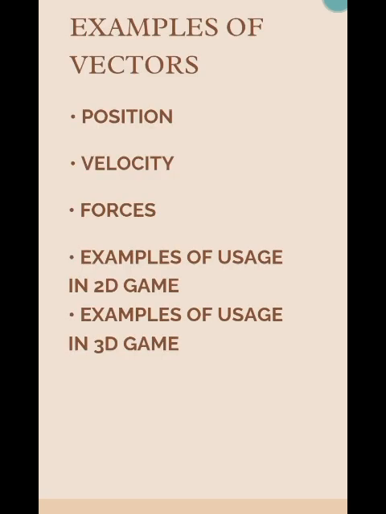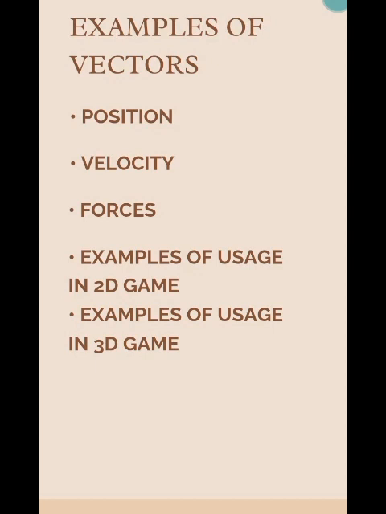So, examples of vectors, which is the position. Position, a vector representing the position of a game object in the game world. For example, a player character's position might be represented as a 2D vector, x and y, or a 3D vector, x, y, and z.